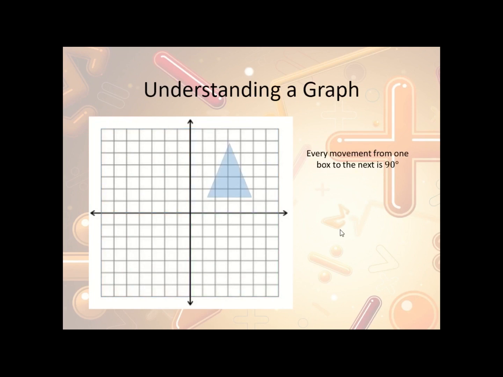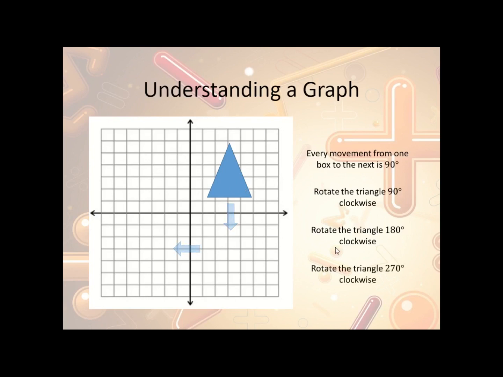So, for instance, if we had our triangle here, and I said I want to move 90 degrees clockwise, I'm going to take that triangle and move it in the direction of a clock, and it's going to move down into this box. Now, if I want to go 180 degrees clockwise, well, that means I move 2 boxes, because 180 is just 90 times 2, so we move 1, 2 boxes, and we end up over here. Now, if we want to go 270, now that's 3 boxes, so 1, 2, 3, and we end up over here.